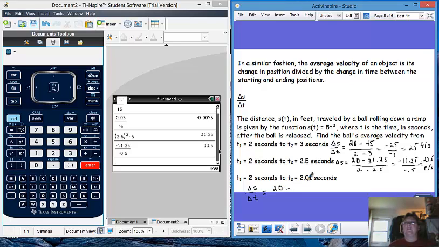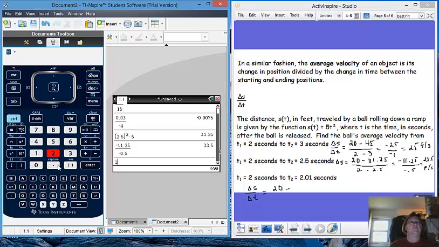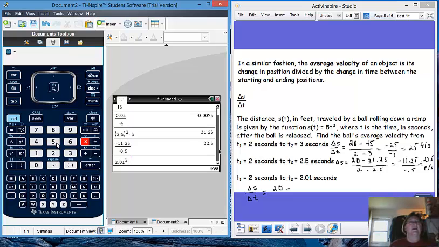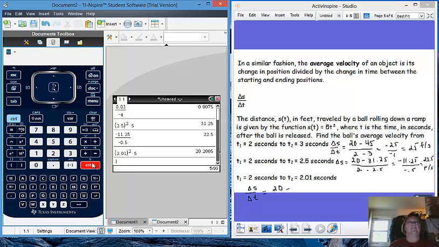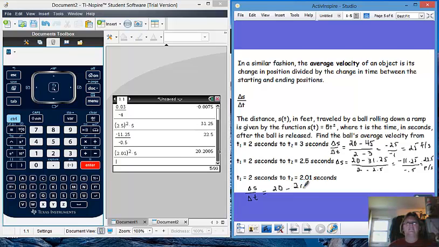At 2.01 seconds, well, we've got to put that in place of t, square and multiply by 5. 2.01 squared times 5. It's at 20.2005 feet.